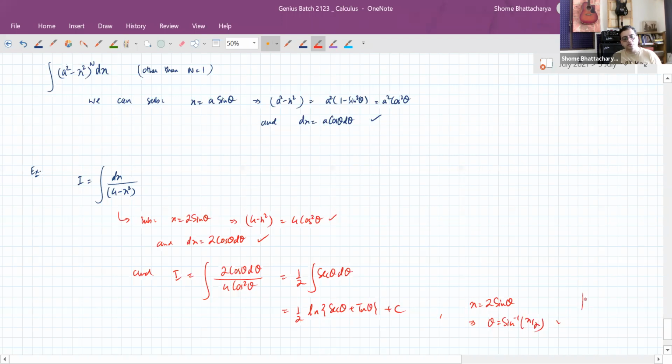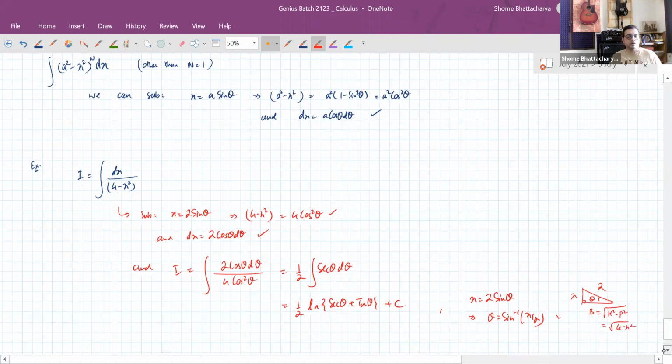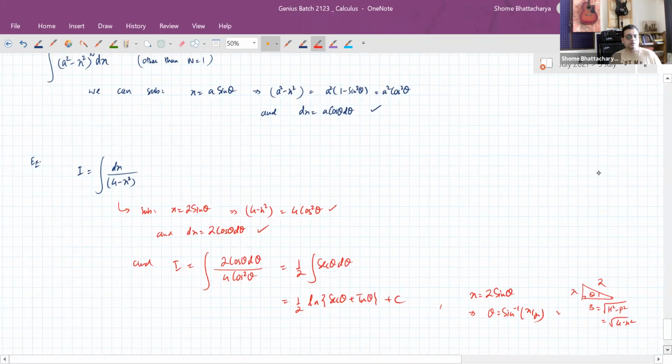So if you think about it, theta is this angle of some triangle where hypotenuse is 2, perpendicular is x, so sine theta is x upon 2. So what will be the base? It will be square root of hypotenuse square minus perpendicular square. So it will be square root of 4 minus x square.